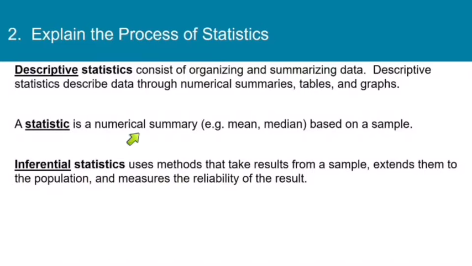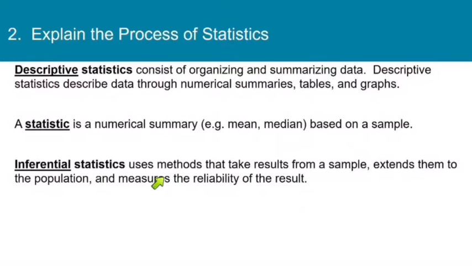If I then take that mean of 10 test grades, say the average was 83, and I say that based on those 10 papers, I believe the average of all 200 is probably somewhere between 80 and 86, that is inferential statistics.